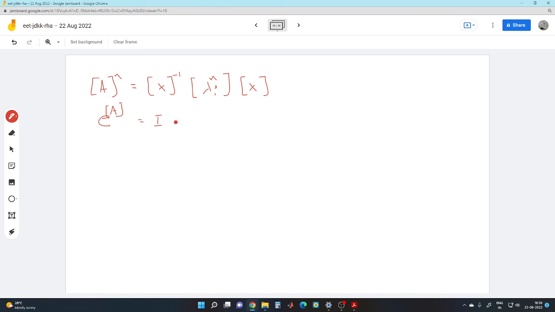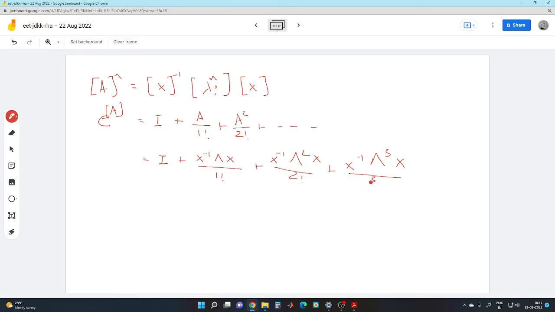So this is identity plus A by 1 factorial plus A square by 2 factorial plus up to series expansion. So we write it as I plus, I am dropping the matrix sign, but it is there, X inverse lambda X by 1 factorial plus X inverse lambda square X by 2 factorial plus X inverse lambda cube X by 3 factorial and series.